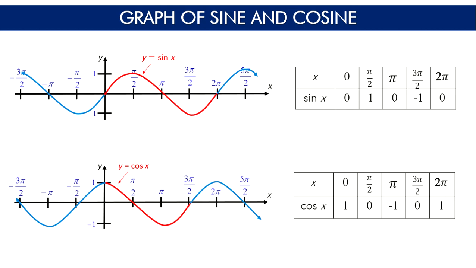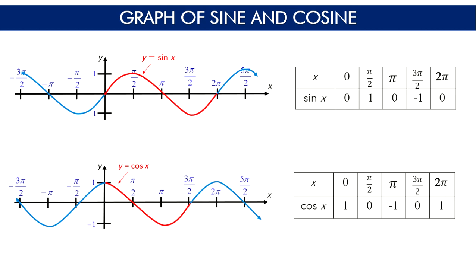One of them is the minimum and the maximum value. Both the sine and the cosine parent function have a maximum value of 1 and a minimum value of negative 1. When it comes to the domain, as you can see from left to right, the graph is continuous and the domain is all real numbers.